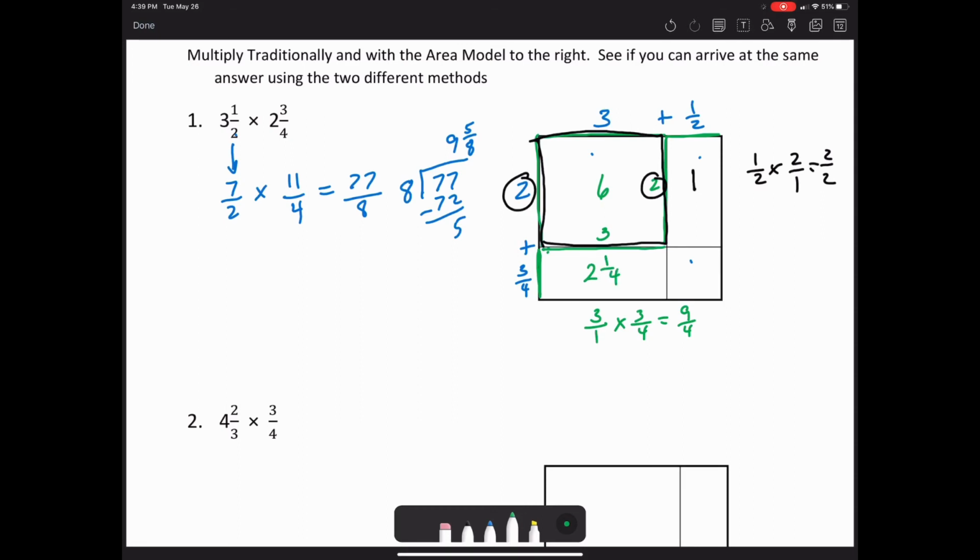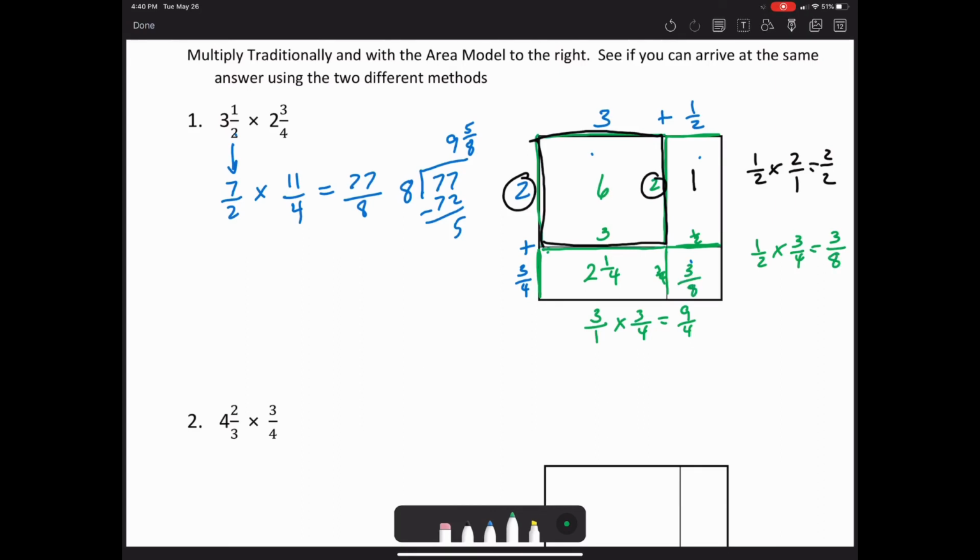And then the last rectangle I have here is 1/2 times 3/4. So we're going to do 1/2 times 3/4, and that equals 3/8.